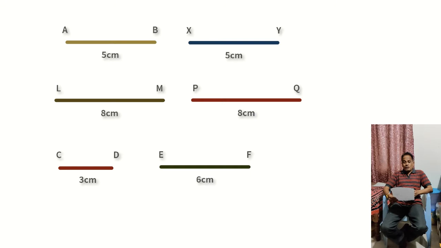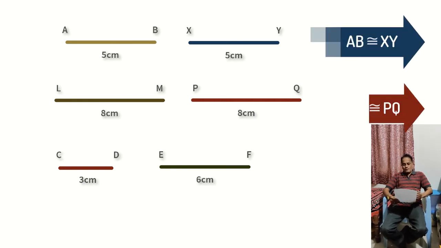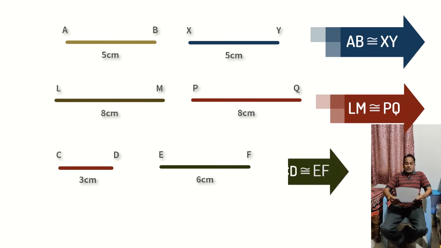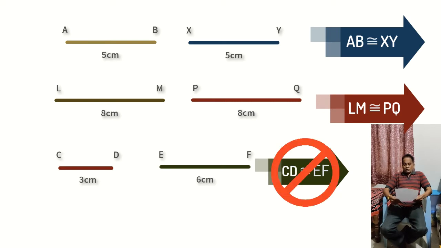They are not same in measure, but the other line segments are: AB is same as XY, LM is same as PQ, meaning AB is congruent to XY, LM is congruent to PQ, but CD is not congruent to EF because CD measures 3 centimeters and EF measures 6 centimeters. So they are not congruent to each other.